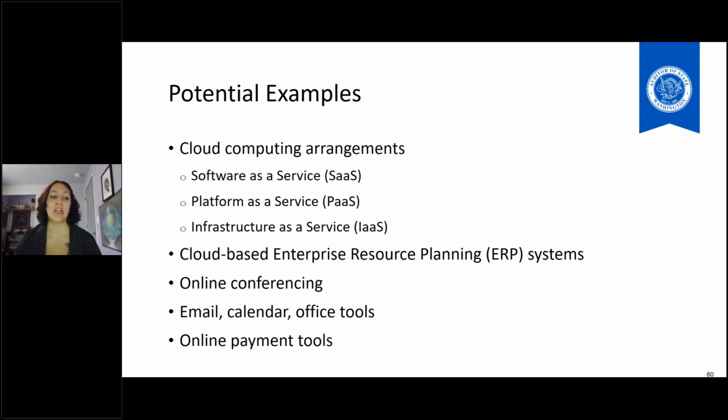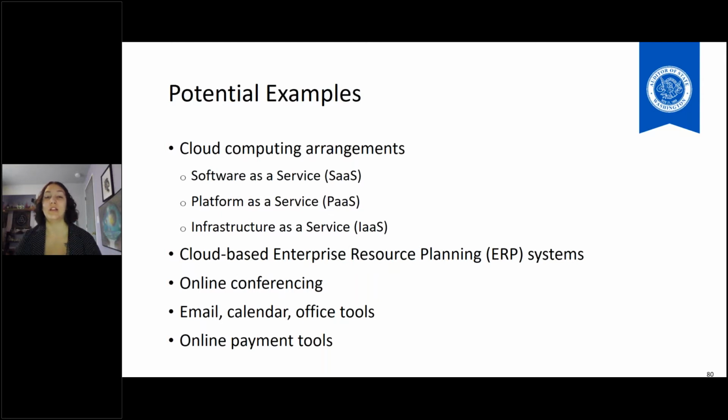First, we recommend taking a look at your government's cloud computing arrangements. So software as a service, platform as a service, infrastructure as a service. Talk to your IT departments to figure out if you have any of these if you're unsure. Another thing to keep an eye out for is if you have any cloud-based enterprise resource planning or ERP systems.